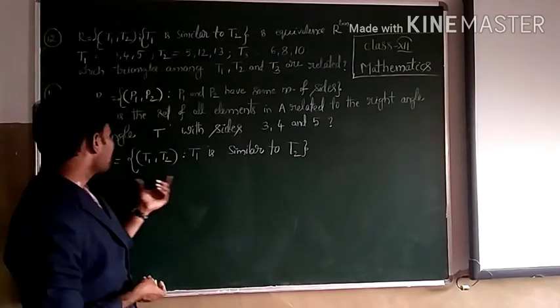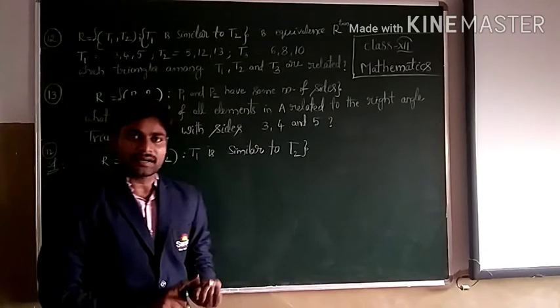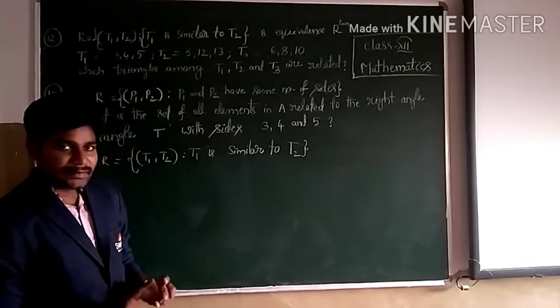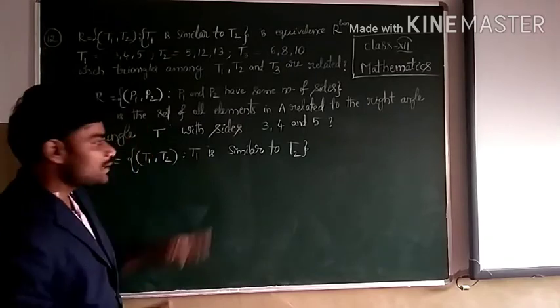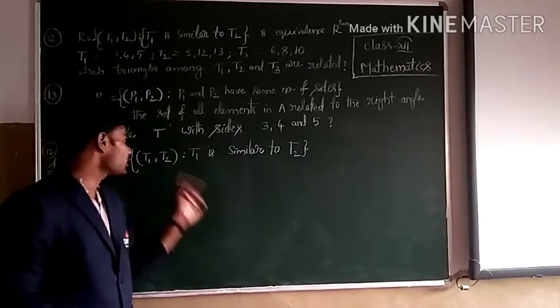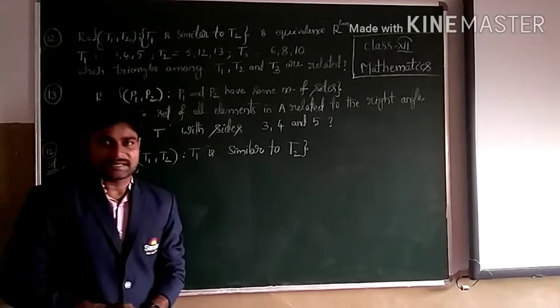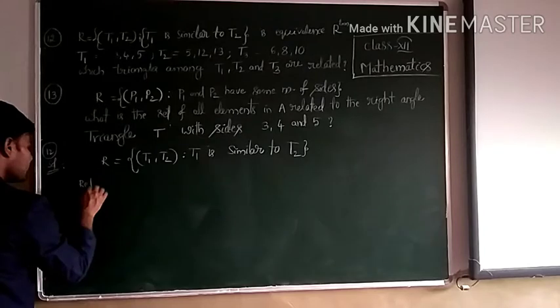For R to become an equivalence relation, it must satisfy the reflexive, symmetric and transitive relations. So we need to check these three. If it satisfies these three, then R is an equivalence relation. Now check the first one, reflexive relation.